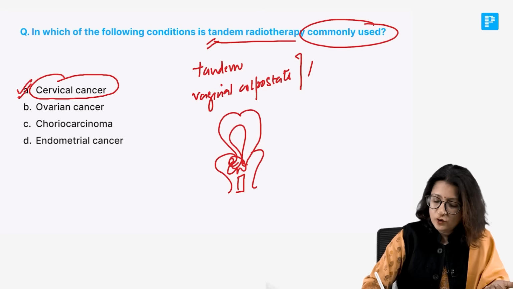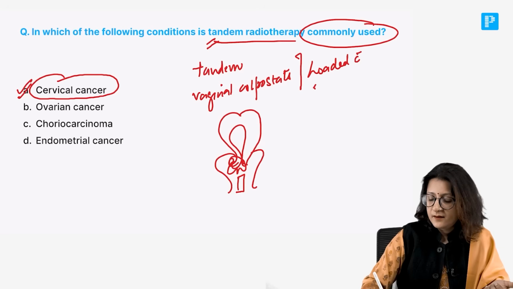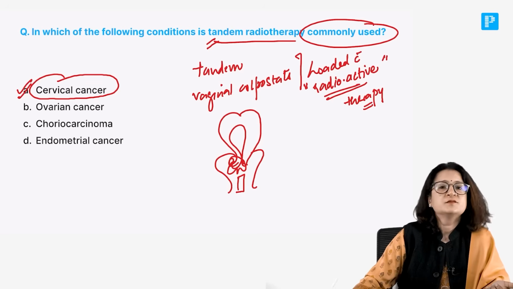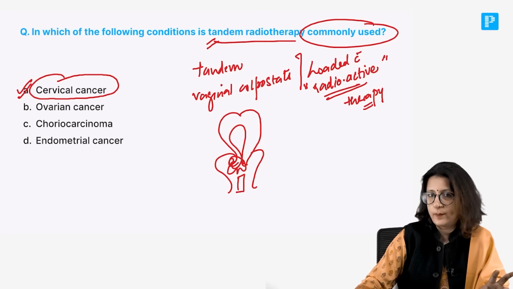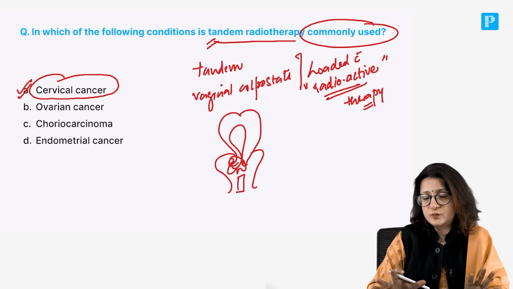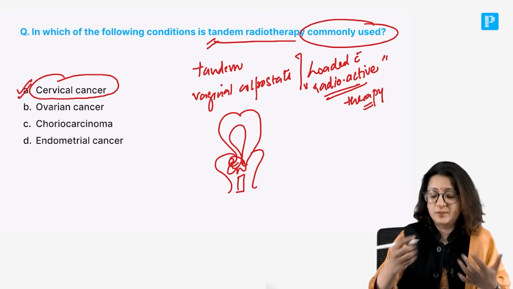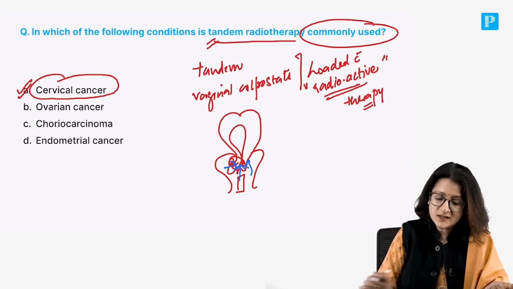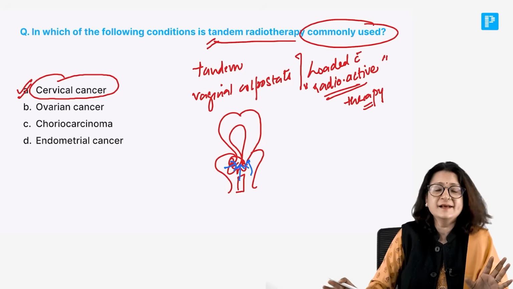And these are loaded with the radioactive therapy. Okay, so keep that, or radioactive isotope is there. Okay, and from these tandems or vaginal colpostats or these devices, the radiotherapy is delivered to the target tissue. So it is for cervical cancer, I would say, commonly used.